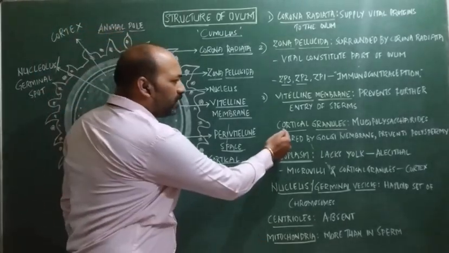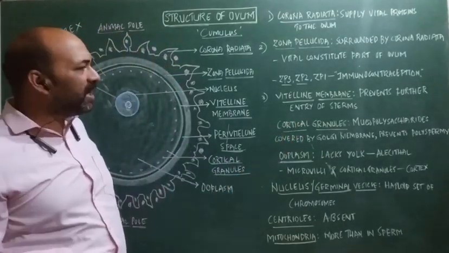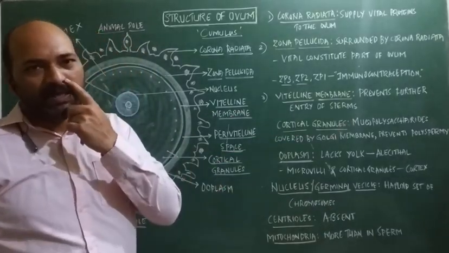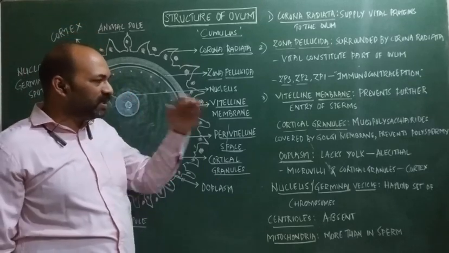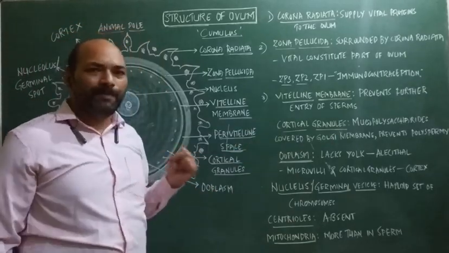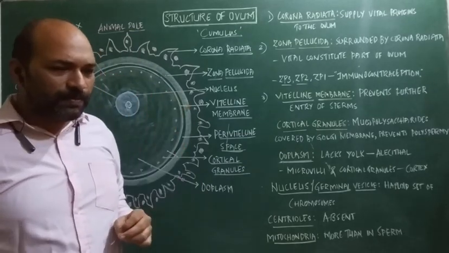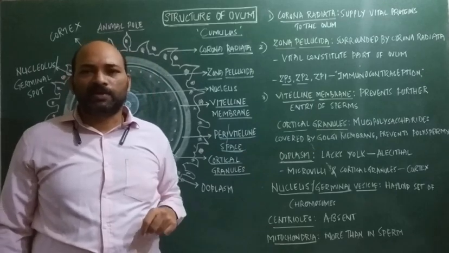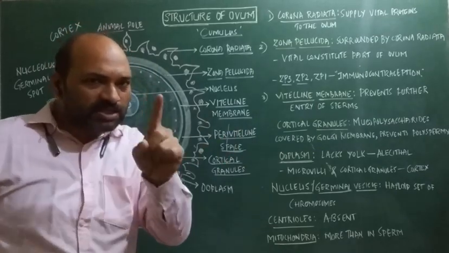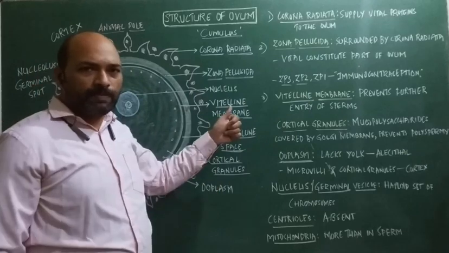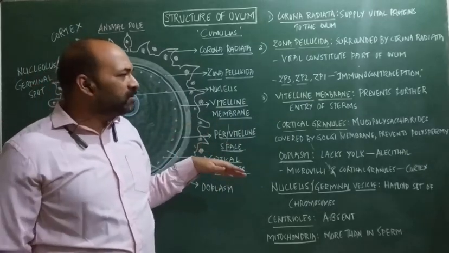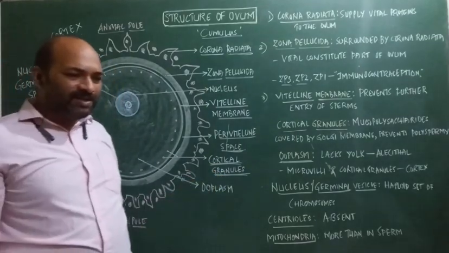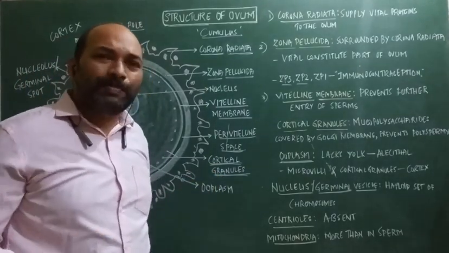Next are the cortical granules. Cortical granules are basically made up of mucopolysaccharides, and these cortical granules generally are covered by Golgi membrane. And during the process of fertilization, they prevent polyspermy, which means once one single sperm enters into the plasma membrane, thereafter these cortical granules release enzymes such as protease or peroxidase.